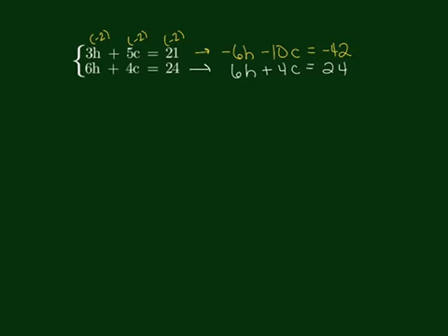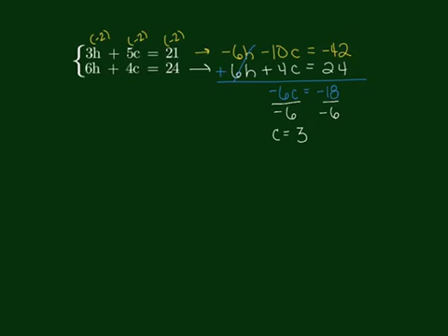So now I can go ahead and add those two equations together. So we can see that our h's, the -6 and the positive 6 will cancel. -10 plus 4c is -6c, and then -42 plus 24 is -18. So now to figure out c, we need to just divide both sides by -6, and we see that c is equal to 3.